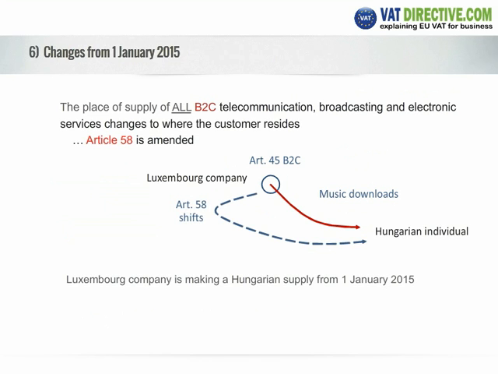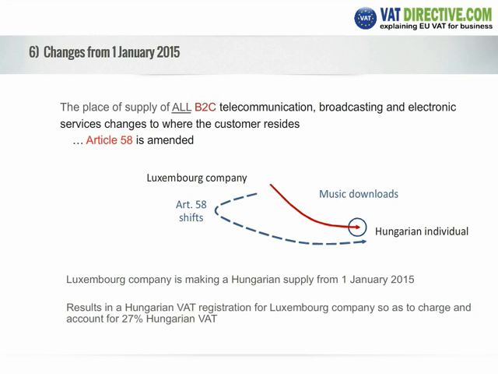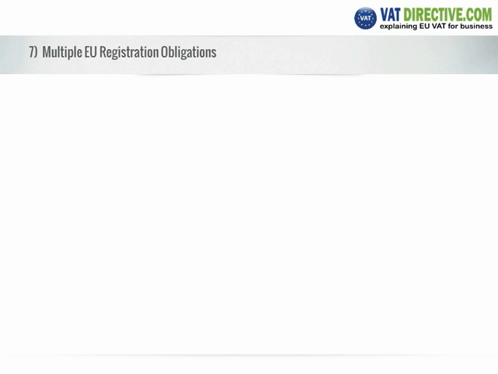After the 1st of Jan 15, Article 58 is amended, and this shifts the place of supply from where the supplier belongs to where the customer resides. So the place of supply moves to Hungary. Now this results in a Hungarian VAT registration for the Luxembourg Co, so they can charge and account for 27% Hungarian VAT.